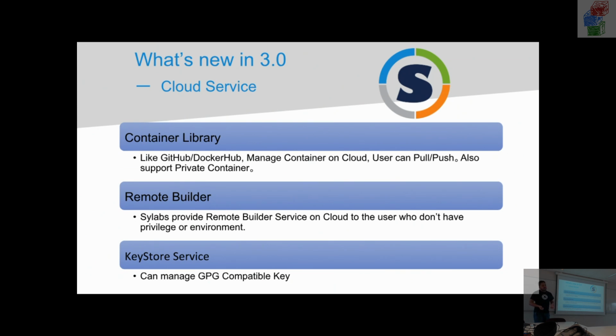So you can build your container, sign it, leave it with the key, push that key to our cloud system, share that image with a peer reviewer or a friend, and they can review that the image is still the same image with your PGP key, pull that PGP key from the Singularity cloud service and verify that image. So one of the new features coming in 3.0 is the Keystore Service and handling PGP keys through the Singularity CLI.